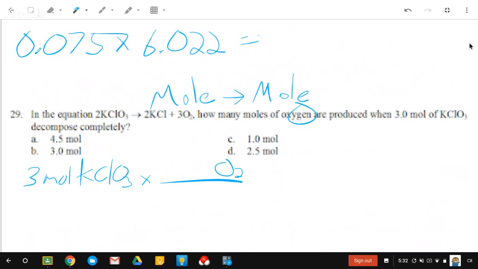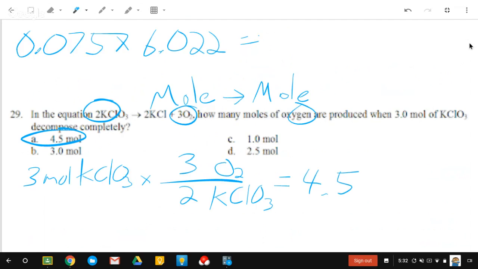Oxygen is O2. We want to get rid of KClO3. I look at the reaction. I see oxygen as 3. I see KClO3 as 2. 3 times 3 is 9. 9 divided by 2 is 4.5. A.